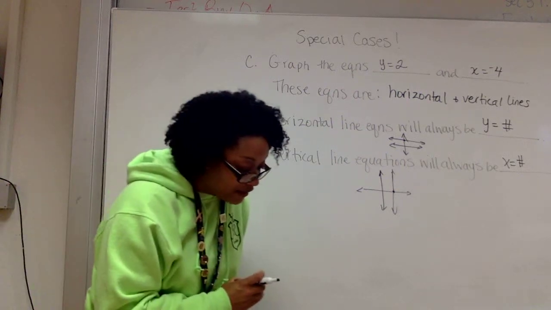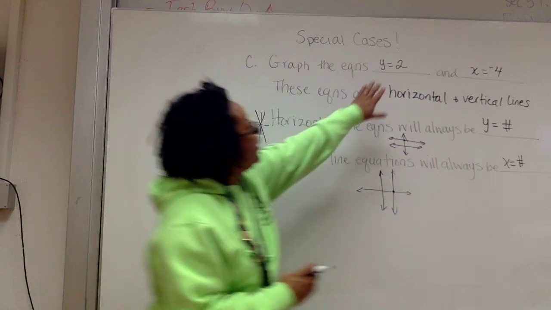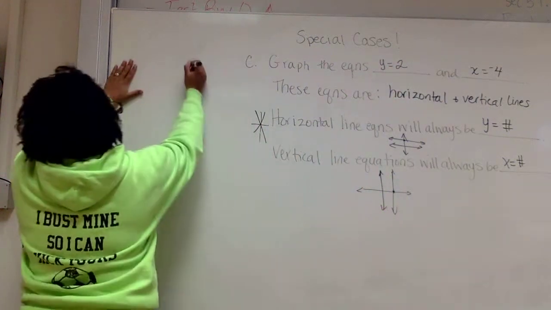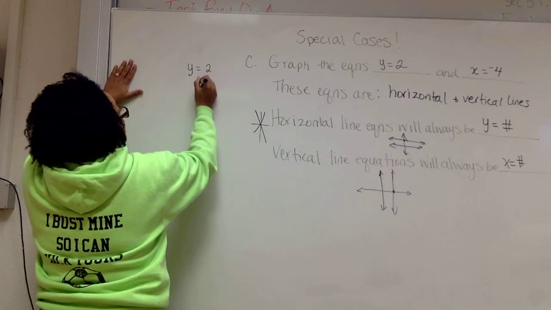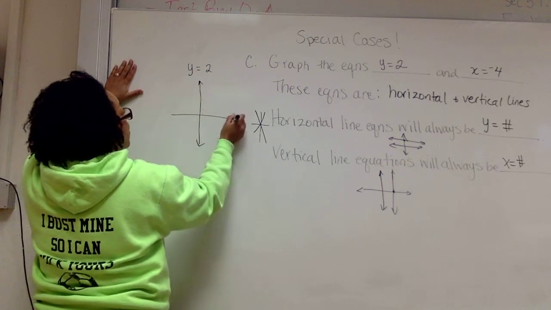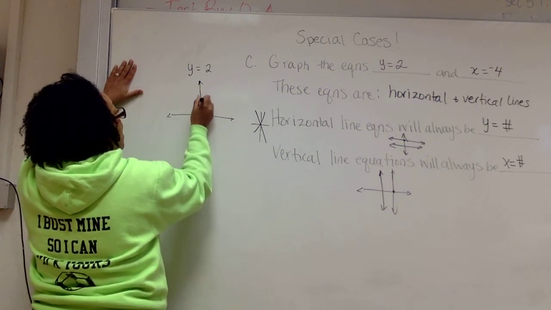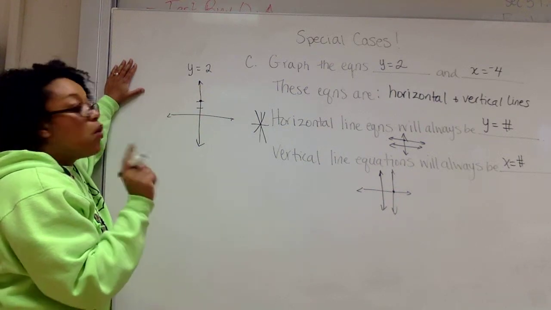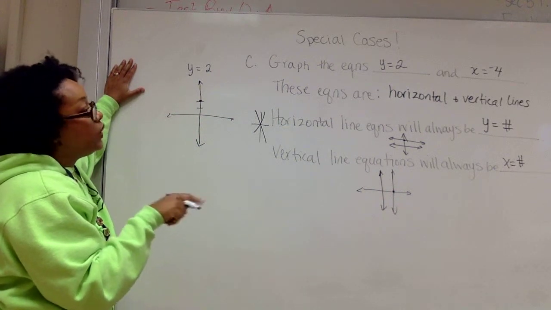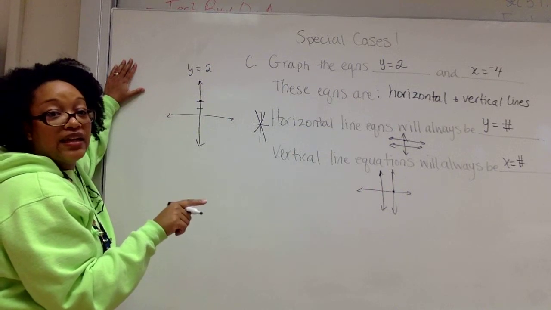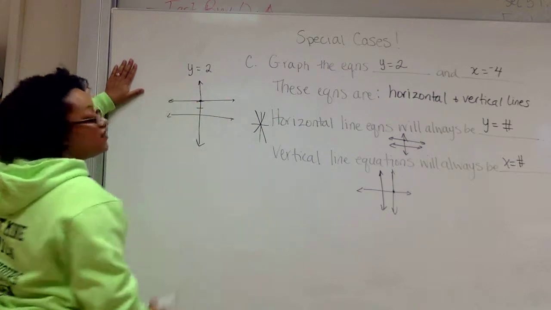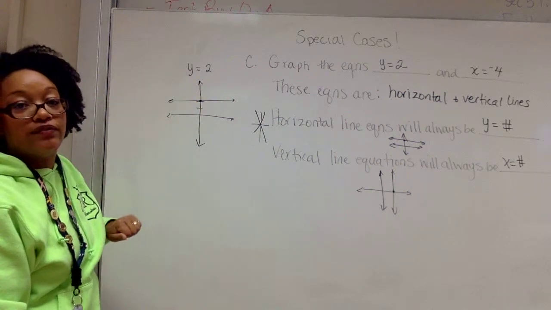So when we talk about sketching the equations here and here, if I want to graph y equals 2, that means that that 2 tells me to go up 2 units on my y-axis and sit down. Y equals 2 is a horizontal line. So I just go to the left and the right, and that's my horizontal line for that equation.